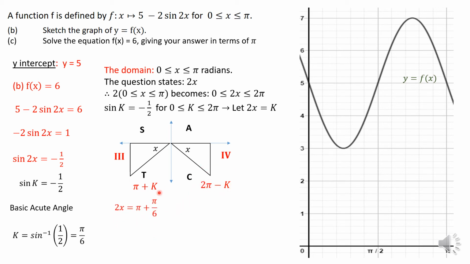Okay, but I'm not dealing with k, I'm dealing with 2x. So I'm going to have pi plus pi upon 6, which was my reference angle here. And solving the other side, 2x equals 360 degrees or 2 pi radians minus pi upon 6. Alright, I still hope that you remember pi upon 6 is nothing but 30 degrees. And you go ahead and solve this one, gives you x equals 7/12 pi, or x equals 11 pi upon 12.